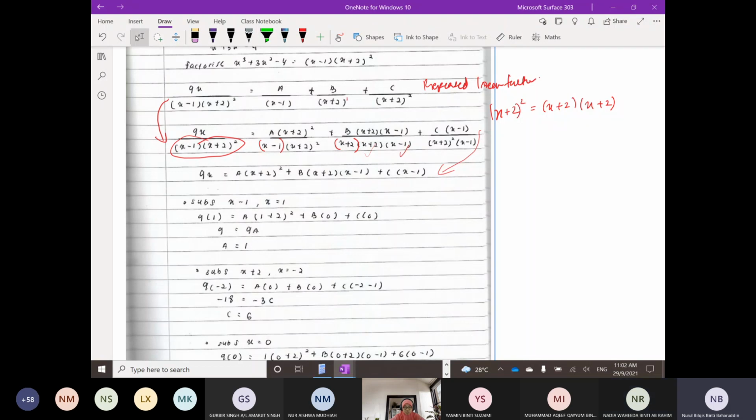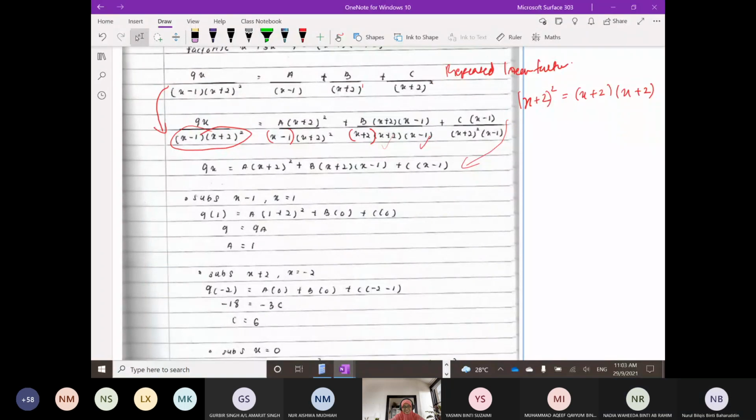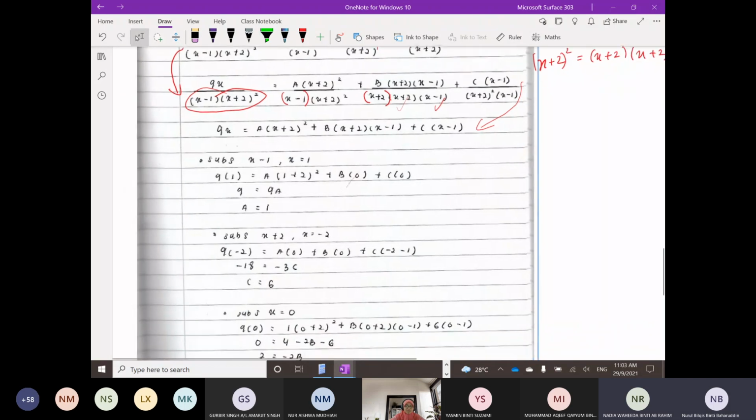What are the alphabets that will be gone? B and C. So B and C will be eliminated. Why will B and C be eliminated?